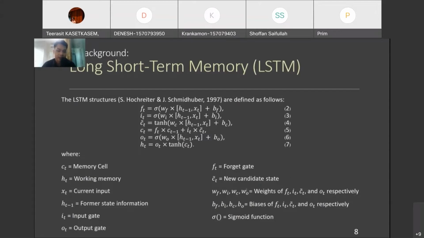Wf, Wi, Wc, and Wo are the weights of the forget gate, the input gate, the new candidate state, and the output gate, respectively. The bf, bi, bc, and bo are biases of the forget gate, input gate, new candidate state, and the output gate, respectively. And finally, sigma is the sigmoid function.